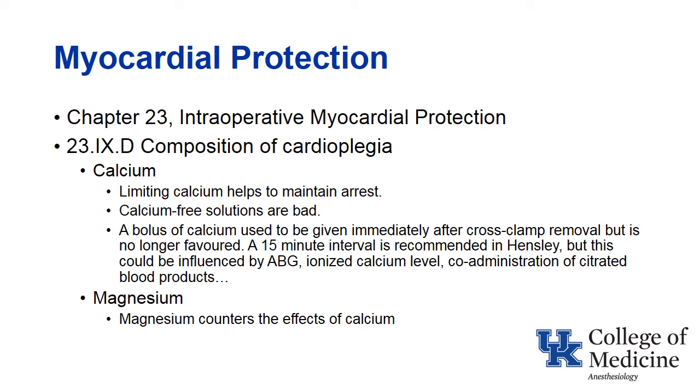Magnesium is a variable additive, and in the 1990s it became quite common to use magnesium, and since it counters the effects of calcium, it's fairly easy to imagine why it became popular.